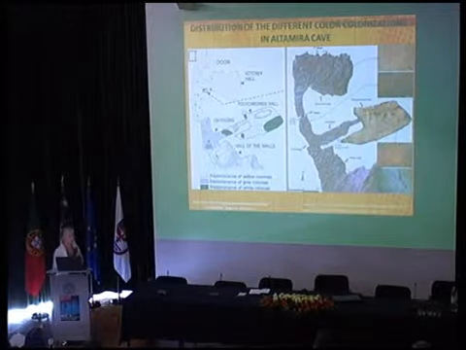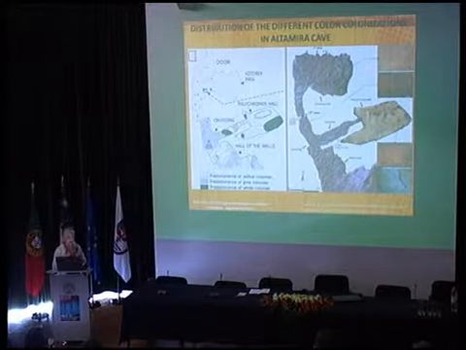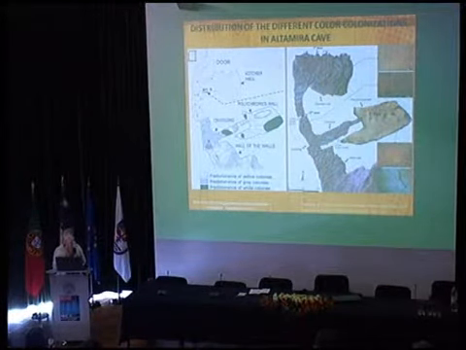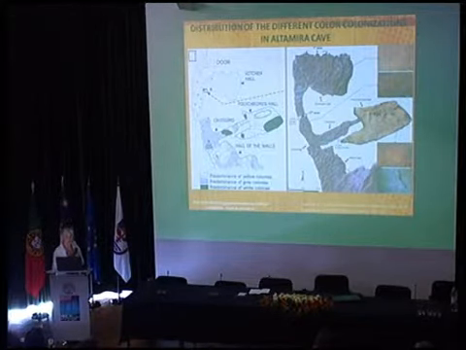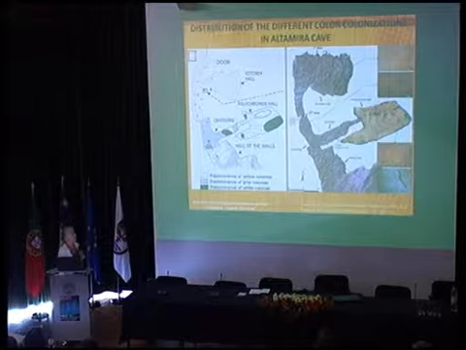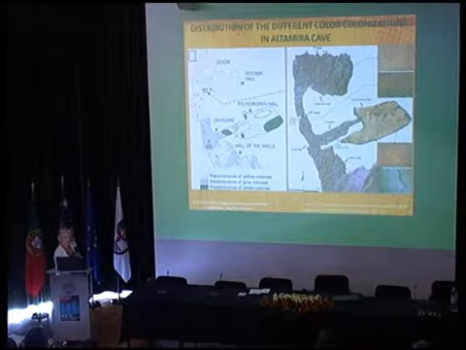Some studies have been made by a group we work with in the Altamira cave. They reached some conclusions that I'm going to very quickly try to summarize. They hypothesize that the color is linked to the pattern of microenvironment variation in the cave locations.